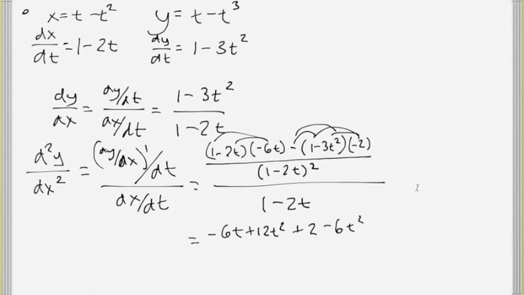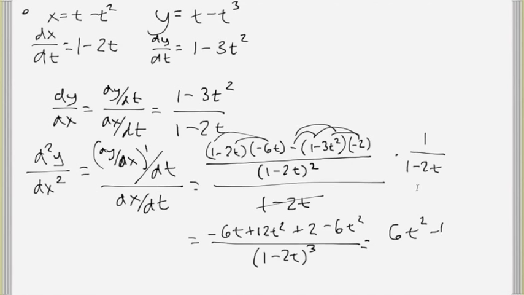Now dividing by this 1 minus 2t is the same thing as multiplying by the reciprocal of 1 minus 2t. So all going to be over 1 minus 2t cubed. Combine some like terms: 6t squared minus 6t plus 2 over 1 minus 2t cubed.